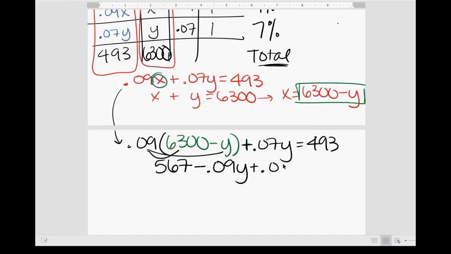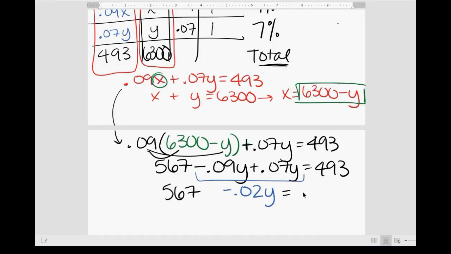Bring down the plus 0.07y equals 493. So now we're going to add like terms on the left. Negative 0.09 plus 0.07 is going to be negative 0.02y. Let's bring down that 567 equals 493.